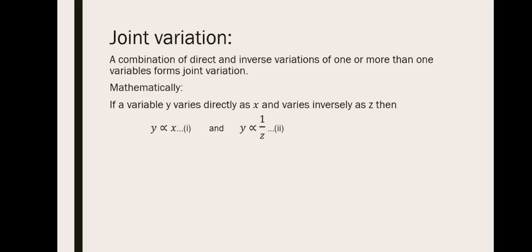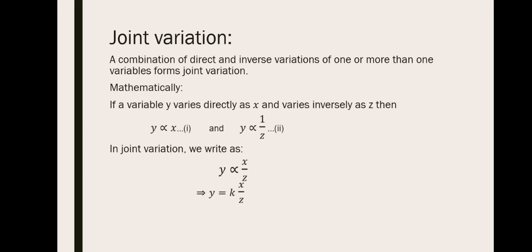So firstly we write that y is in direct variation to x, so mathematically it will be written as y is directly proportional to x, and then y is inversely proportional to z. By combining 1 and 2 we just get y is proportional to x by z.